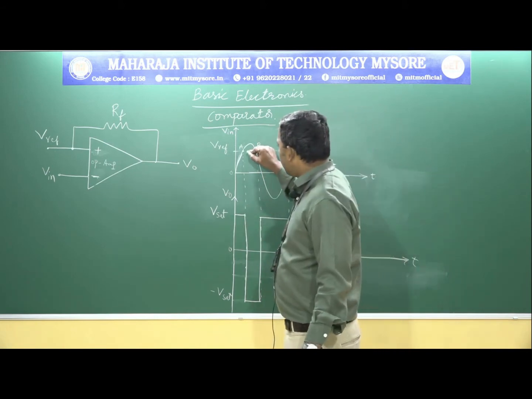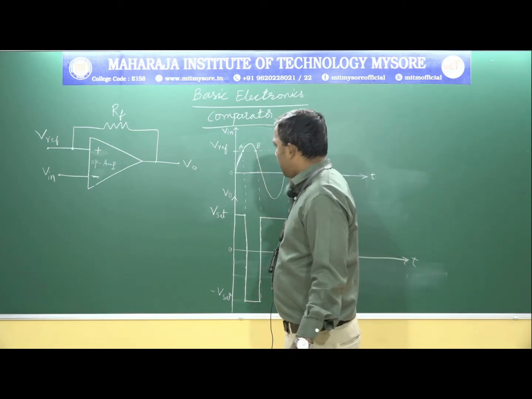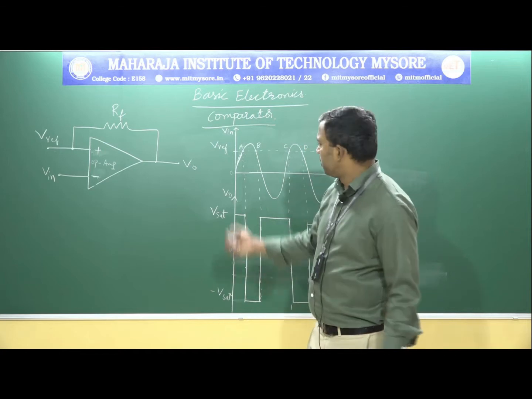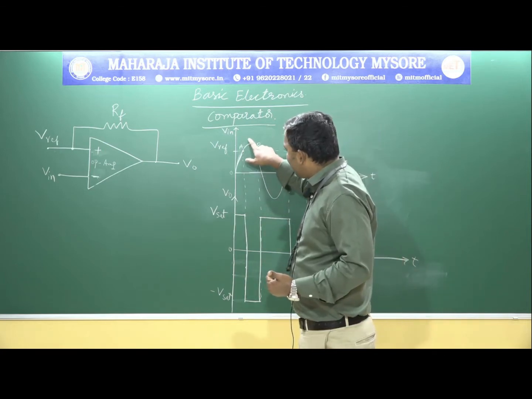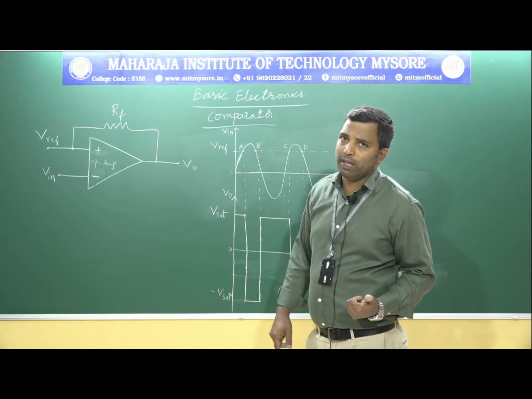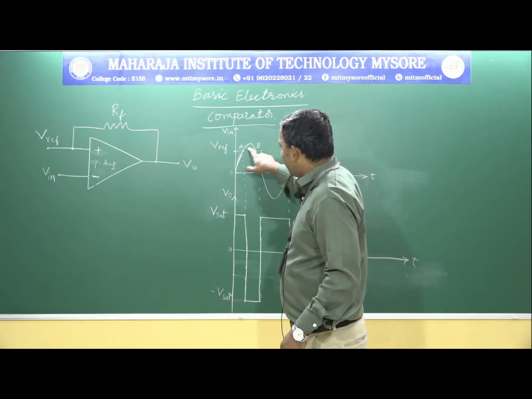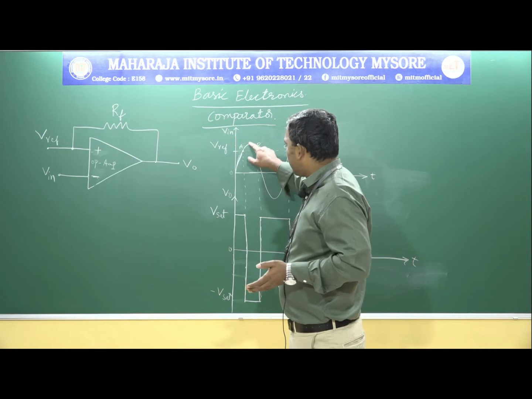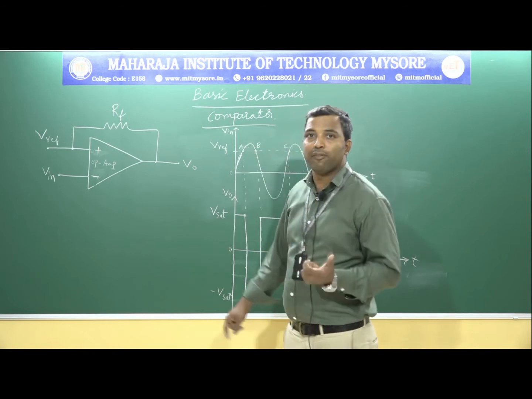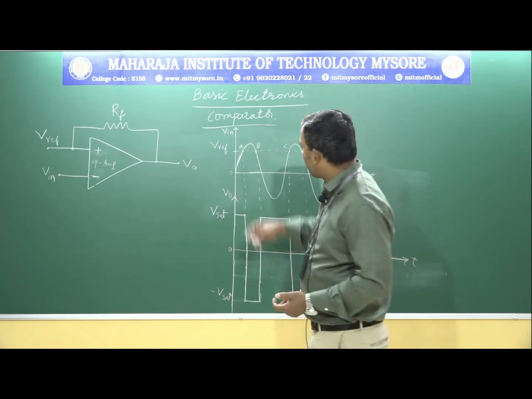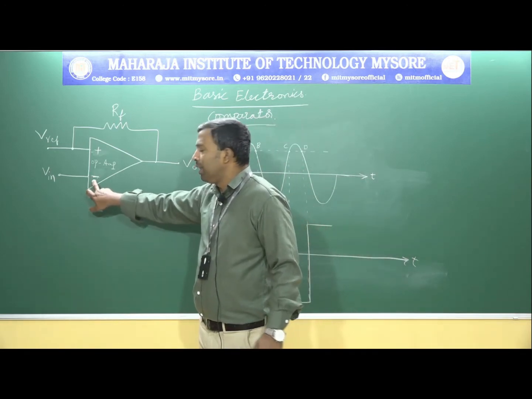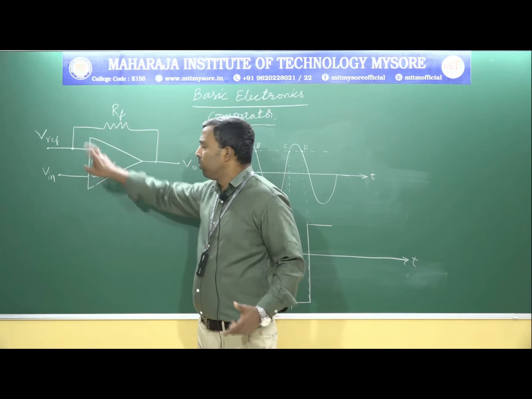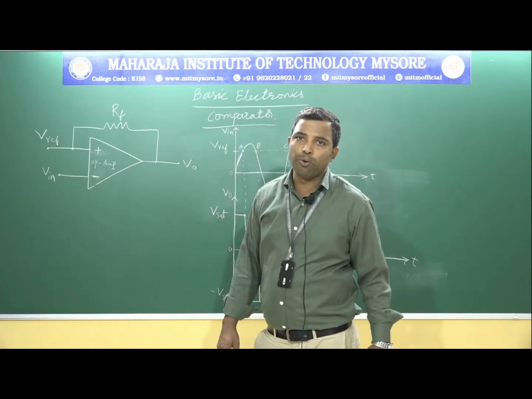Next, from points A to B, the input voltage is increasing with respect to the reference voltage. The input voltage is larger than the reference voltage. Therefore, the voltage at the inverting terminal is larger compared to the non-inverting terminal voltage.